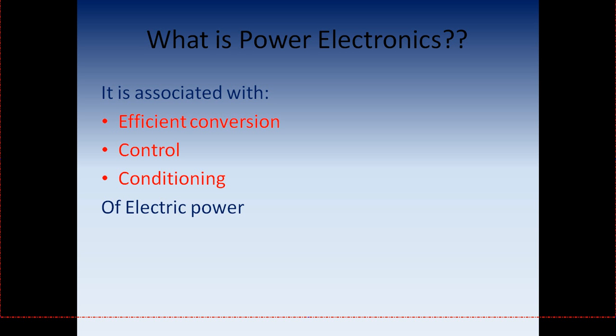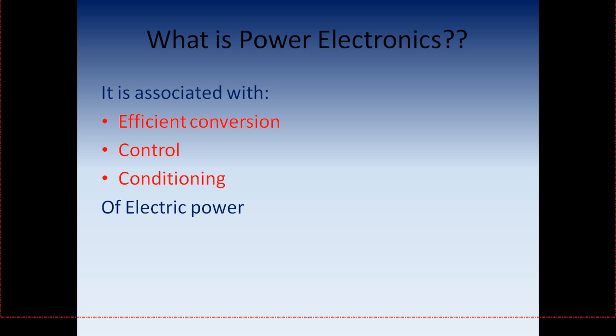But for a lot of applications, users require not AC but DC power, or an AC power at a different frequency. How can we achieve it? The answer is power electronics and control.